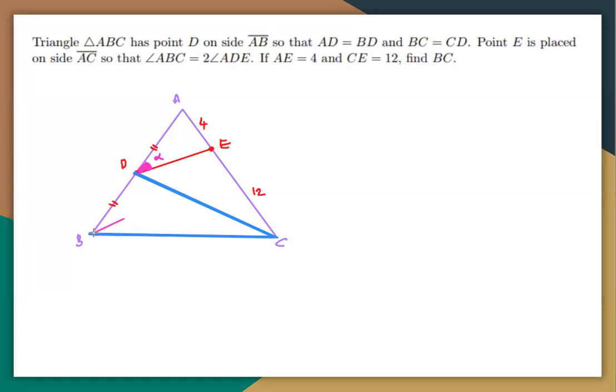So what I will do, I will draw a line from B in a way that will bisect the angle B, but I don't want to stop here. I want to continue with more, because D is the midpoint, and when I extend this segment, we know that the angle right here will be alpha, and then this is also alpha because I just bisected the angle, and this will be half of this one.